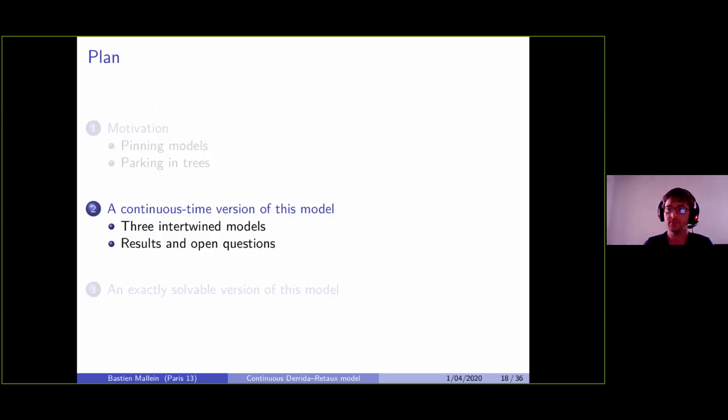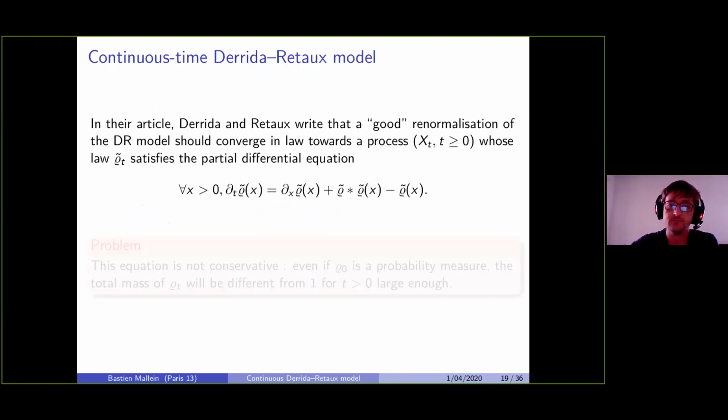Okay, so what we did with Jun Hu and Michel Pain was to try to find an even further simplification of the model, something that would allow us to make the computations explicit. So we started with a paper of Derrida and Retaux that wrote a good renormalization of the Derrida-Retaux model.